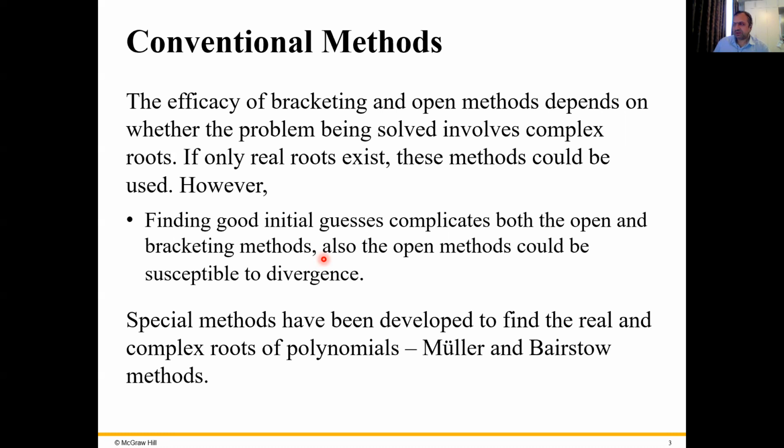On the other hand, the main drawback for the open methods was that they are susceptible to divergence. They can often not converge, they can diverge as well. Therefore the bracketing methods and the open methods may not provide the full range of solutions which we are looking for.